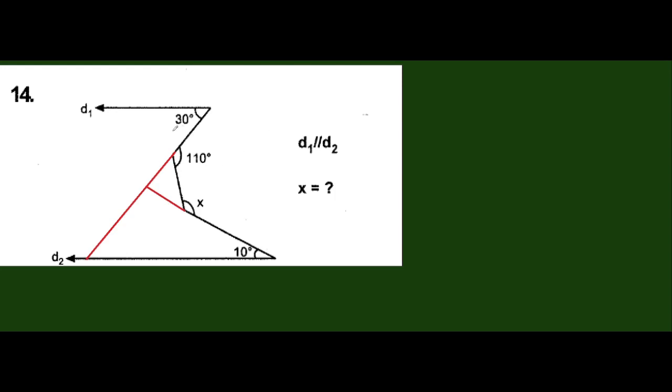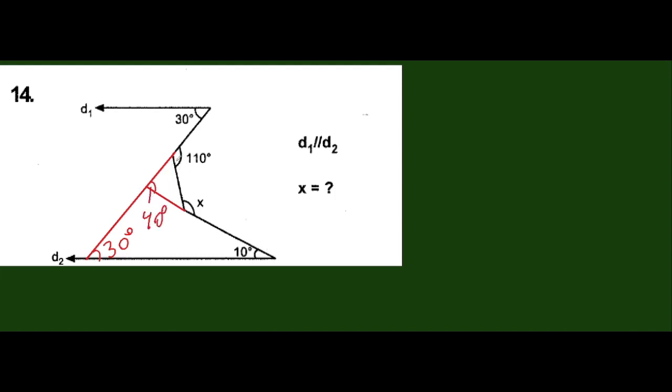So we'll just say that if this will be 30 degrees, this will also be 30 degrees, which means that this angle will be 40 degrees. And from here, we can find out, maybe, let me write this one here, 40 degrees.